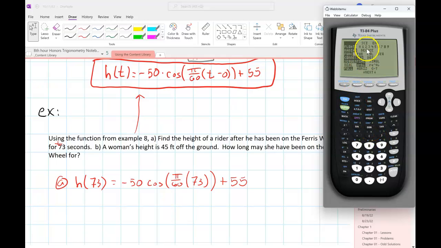That is the correct answer. I am in radians. Let me check real quick before I get too far here. What did I do in this problem that guaranteed that I had to use radians? I have a pi. That's true. Why do I have a pi there?